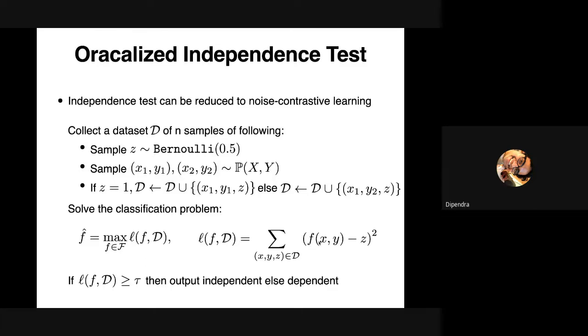We use square loss, but you can also do maximum likelihood. So you fit f(x, y) against z, and then we assume that the Bayes optimal classifier for this problem is in my function class. So we do have that assumption. I'm not sure how to feel about it. When we ran some basic experiments, that was very true, but it's hard to say whether it's a very strong assumption.